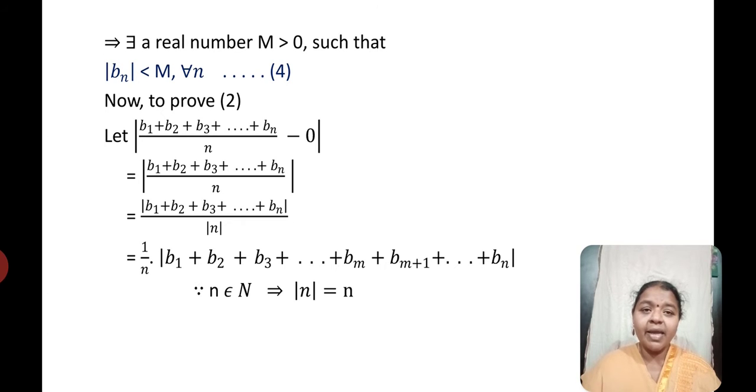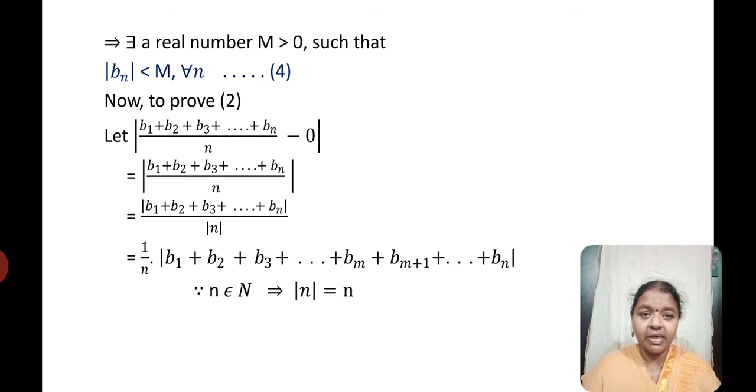Now our aim is to prove equation 2. For that we consider the modulus of (b1 plus b2 plus b3 and so on plus bn) divided by n, minus 0, which gives us the modulus of (b1 plus b2 plus b3 and so on plus bn) divided by n. Now you know modulus of a by b is equal to mod a by mod b.